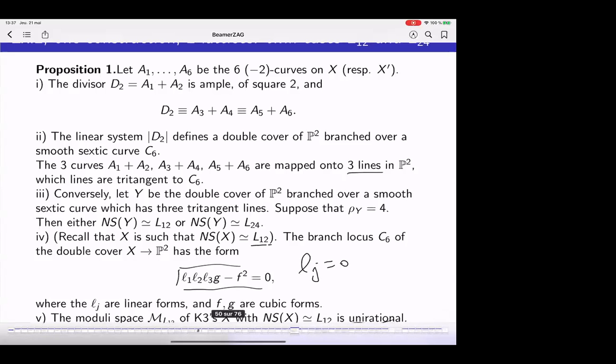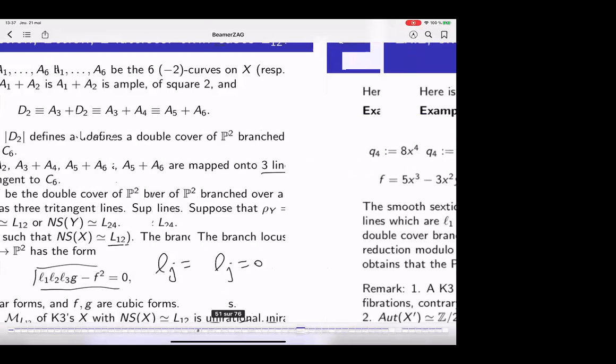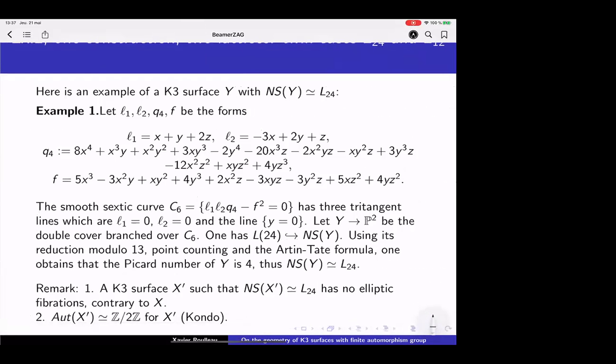Now, what about the other case, which is L24? I can give an example. I take linear forms L1, L2, a quartic form, and a cubic, and I look at the smooth sextic, and you can find that it has three tritangent lines, which are the lines L1 equals 0, L2 equals 0, and the third line is Y equals 0.